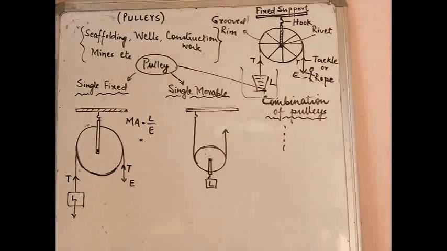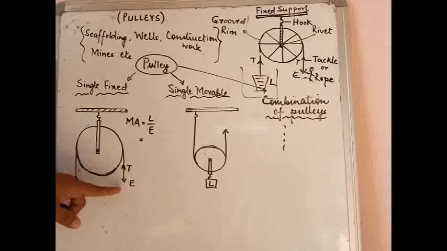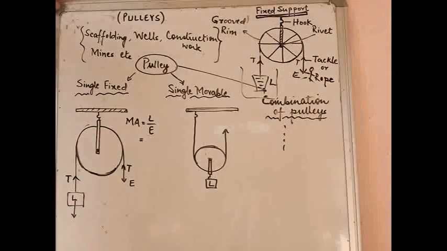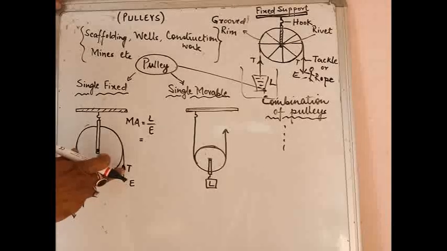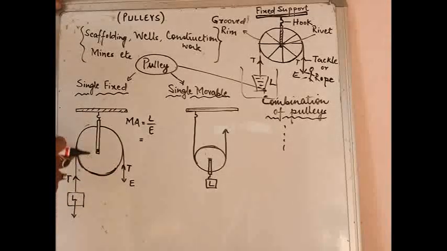Now please remember, capital T will stand for tension. The direction of tension will always be opposite to the load. So if the load is trying to pull the entire rope down, the tension will be acting upwards. Similarly, effort acting downwards, tension acting upwards. The other thing that you have to remember here is, this is a single tackle that is running right from one end to the other end.